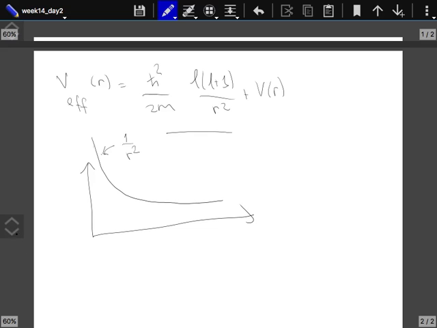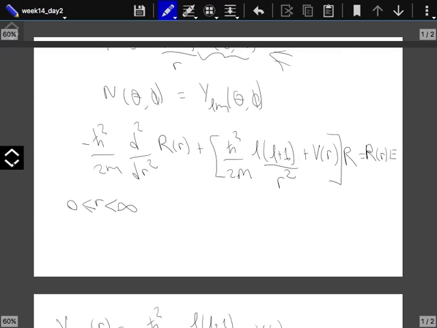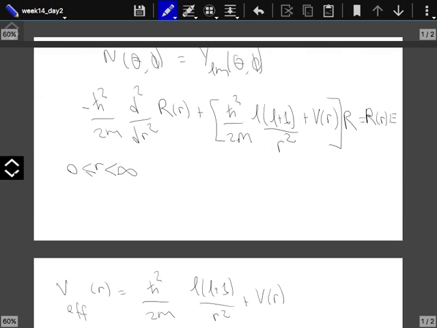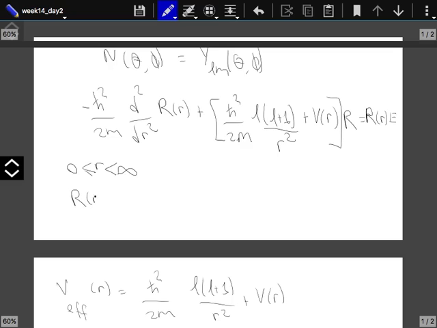And then by considering our Schrödinger equation at small distances, we also said that this function R of r should go like r to the power l plus 1 as r goes to 0, or our wave function to start with should go as r to the l as r goes to 0.